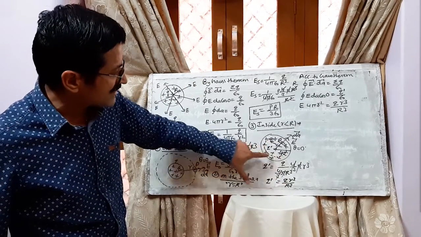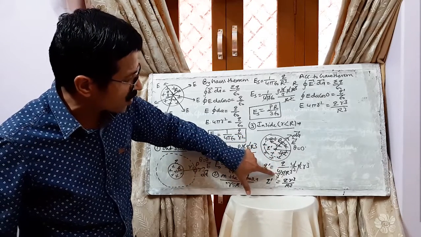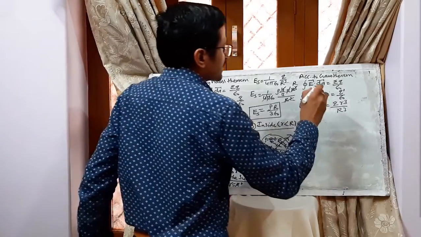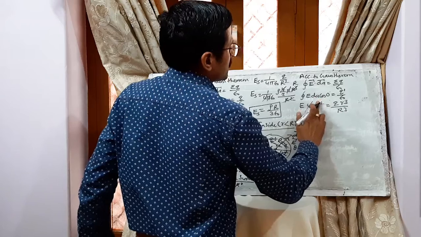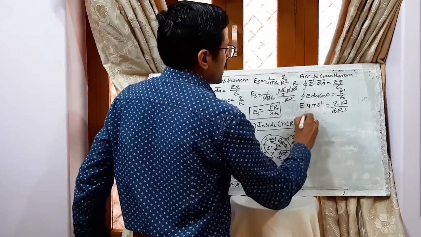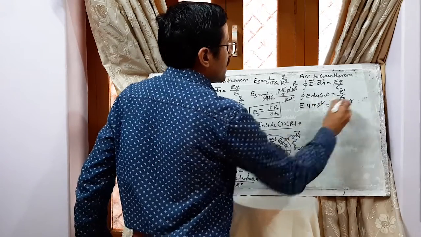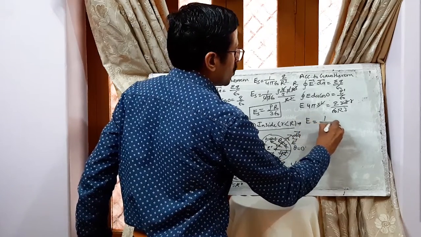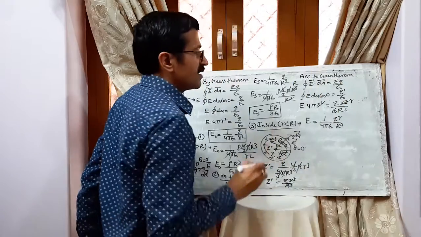Then 4 pi will get transferred, epsilon naught is there, and small r square and small r cube will get cancelled. Then E will be 1 upon 4 pi epsilon naught Q small r upon capital R cube.